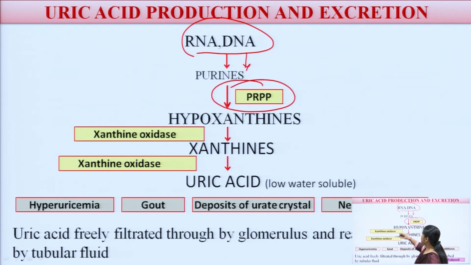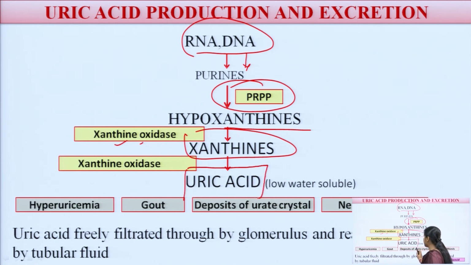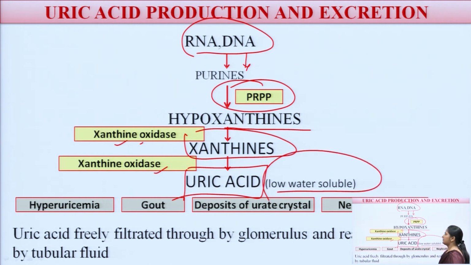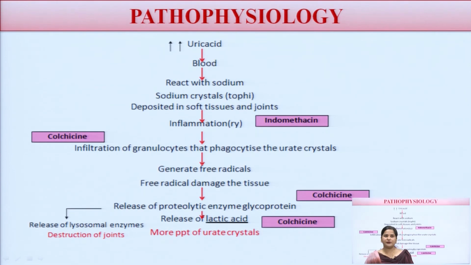These purines are converted with the help of PRPP into hypoxanthine, and hypoxanthine is converted into xanthine in the presence of xanthine oxidase, and xanthine is converted into uric acid by xanthine oxidase. Uric acid is poorly soluble in water, and may cause hyperuricemia, gout, deposit of urate crystals, nephritis. These are some conditions where uric acid is deposited.